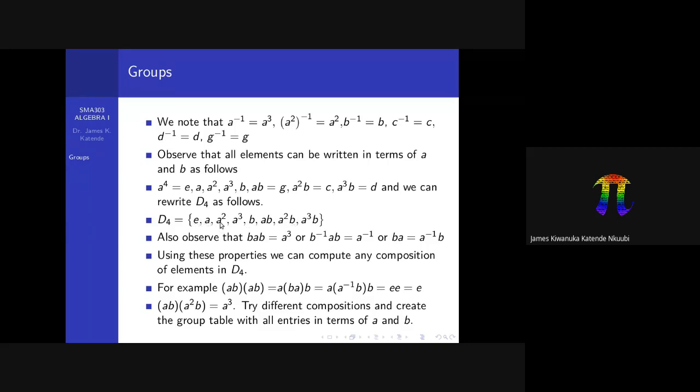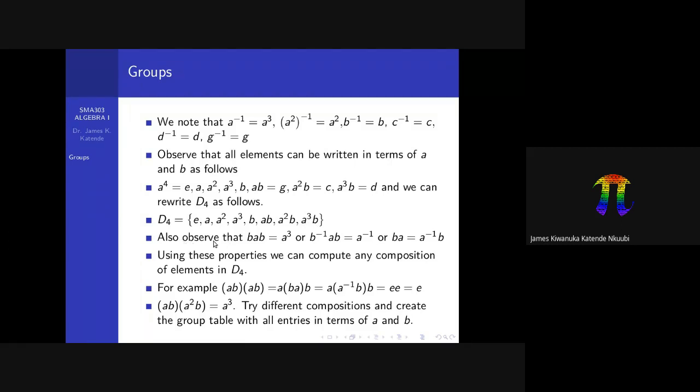We have E, A, A squared, A cubed, B, then AB, A squared B, and A cubed B. So this is another convenient way to write the elements of D4, and it makes it much easier to study when they are put in this form.